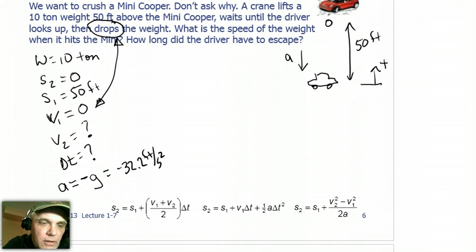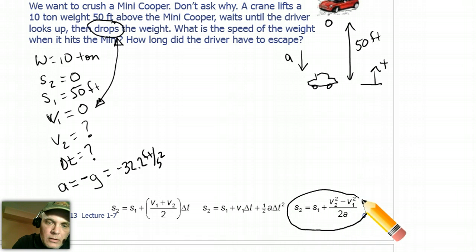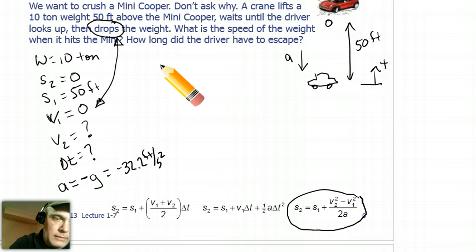If we want to find V2 without factoring in delta t, we can use this equation right here. We know S1, we know S2, we know V1, and we know our acceleration. I'm going to do this algebraically. You don't have to. You can plug in numbers, use the solver, whatever.